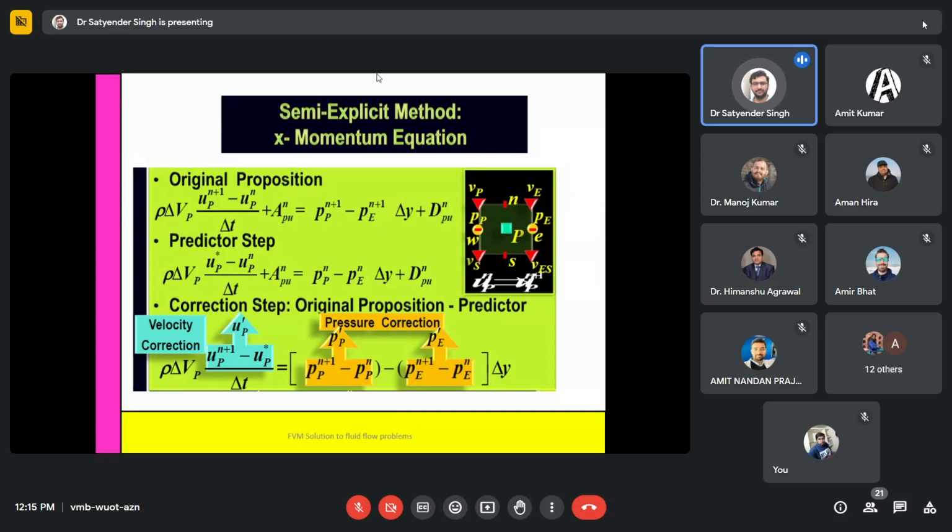So now in the semi-explicit method, I made the point that for the solution of the Navier-Stokes equation, we cannot make the discretized form at a full explicit level, because p, which is coming in the equation, is unknown to us.